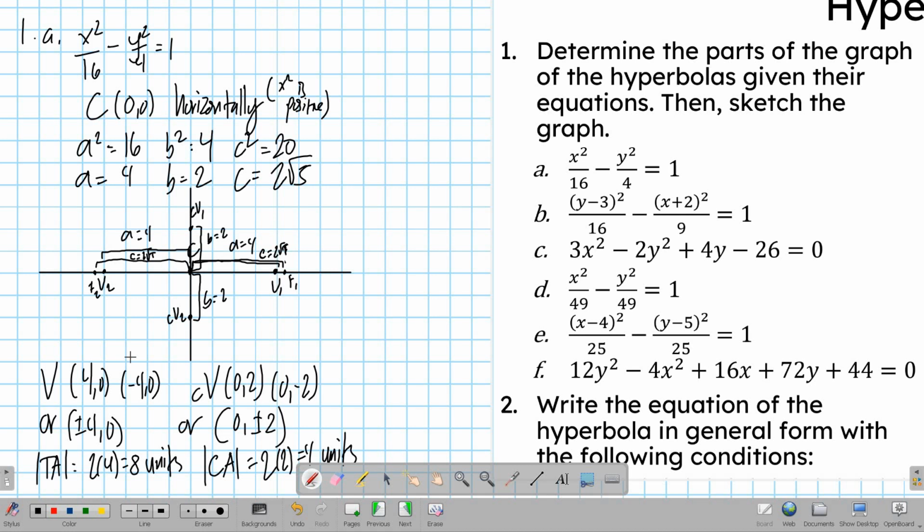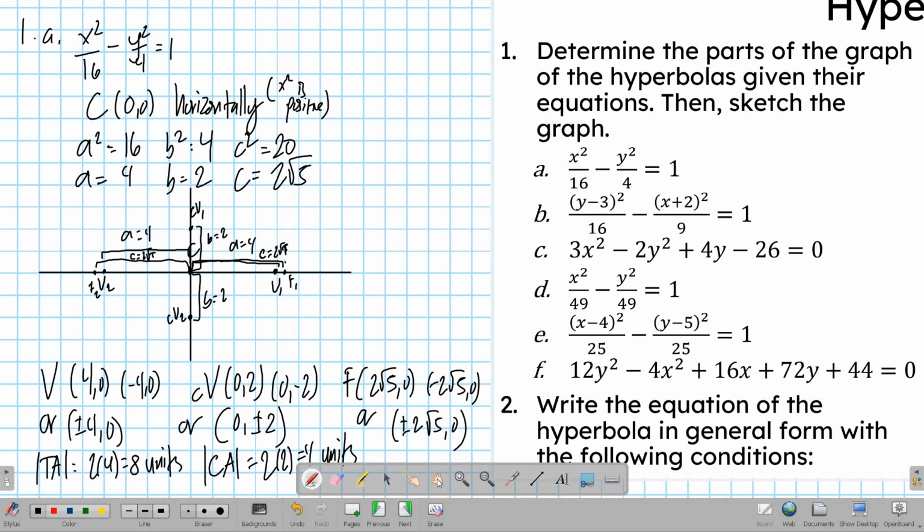And since it also moves horizontally, therefore the coordinates of your foci are 2 square root of 5 comma 0 and negative 2 square root of 5 comma 0, or plus minus 2 square root of 5 comma 0. Again, the vertices and the foci are collinear, given that the foci are not inside the transverse axis.